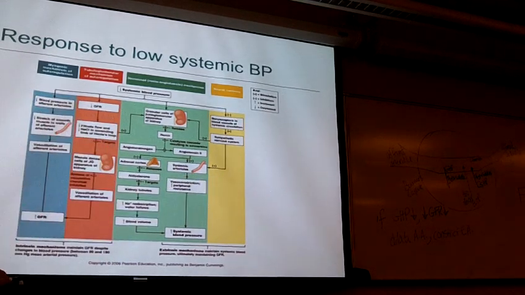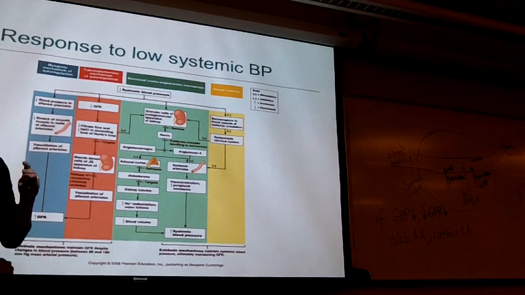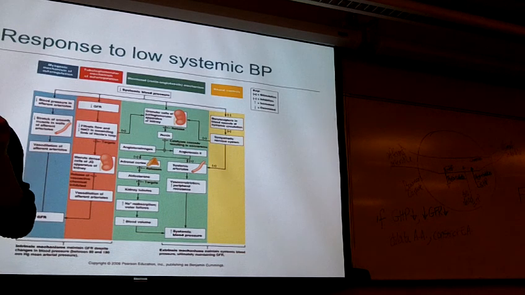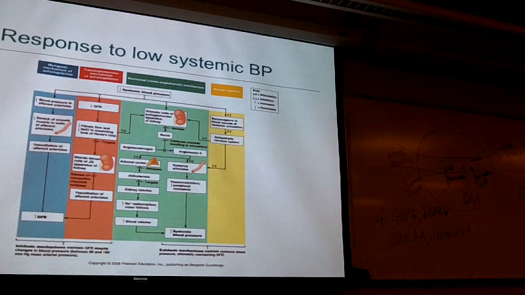So we said that if systemically blood pressure starts to drop, which division of the autonomic nervous system will start to become more active? Systemically, blood pressure is dropping. Which division of the autonomic nervous system is going to cause the heart rate to increase? Sympathetic. Which division is going to cause our peripheral larger blood vessels to vasoconstrict?